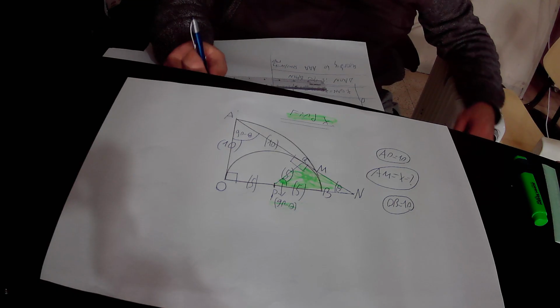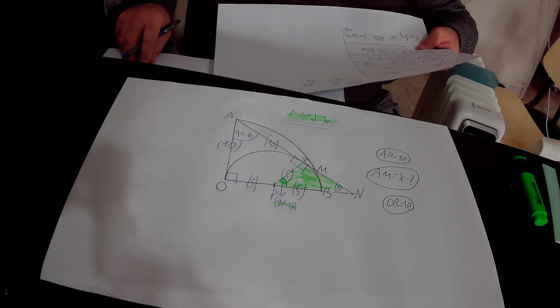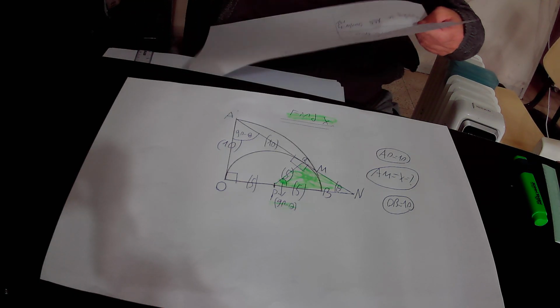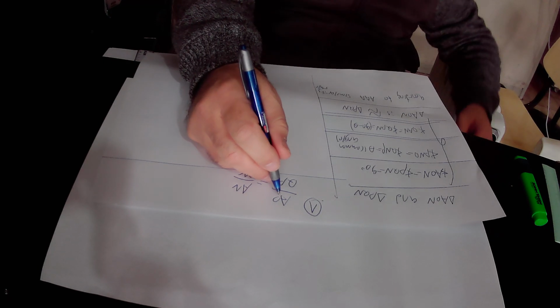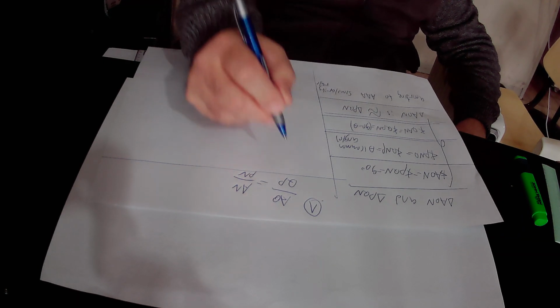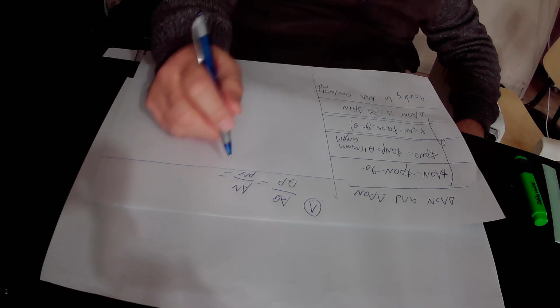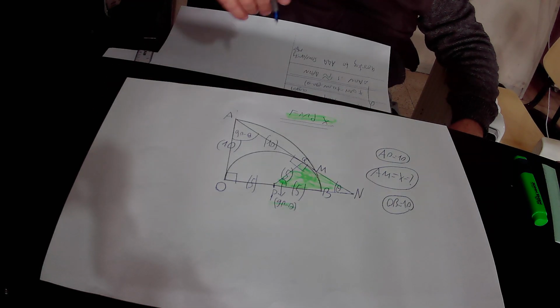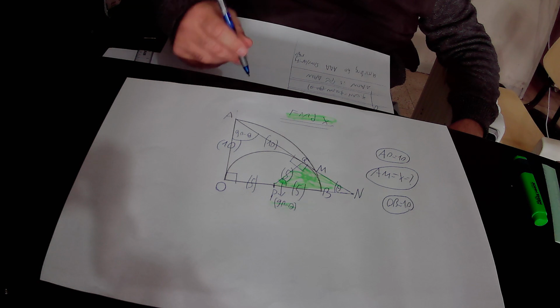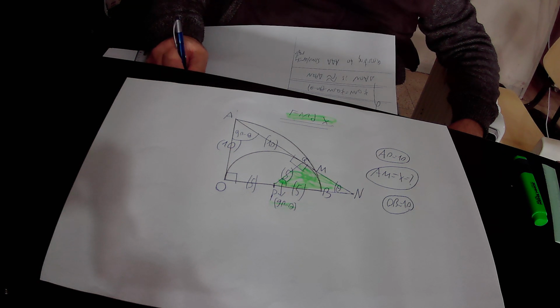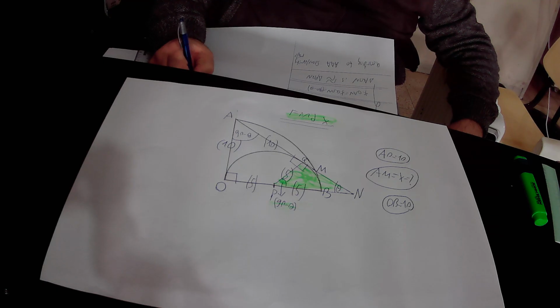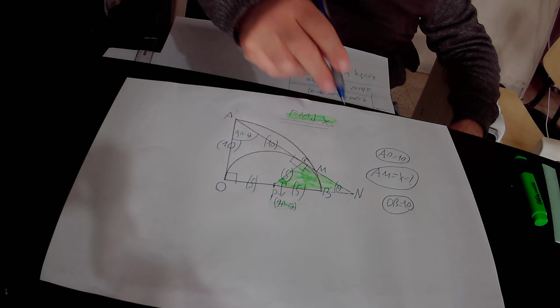We derive that AO over QP equals AN over PN, and it also equals side ON in the big right triangle AON over side QN in the green triangle.